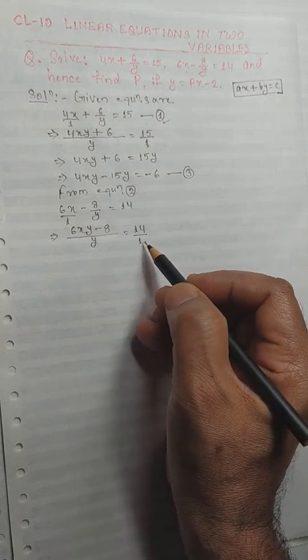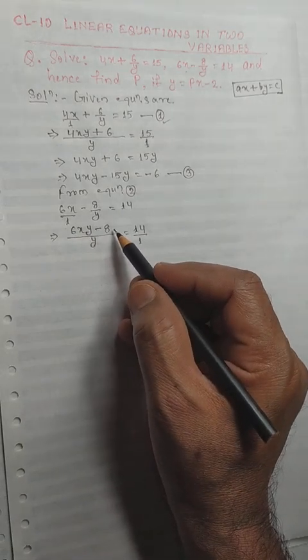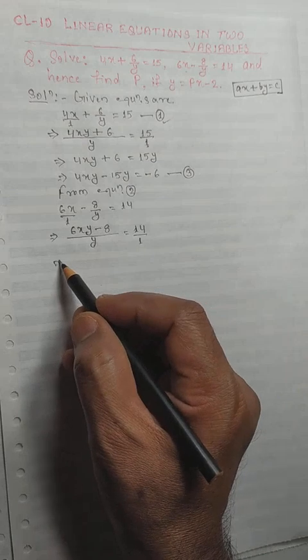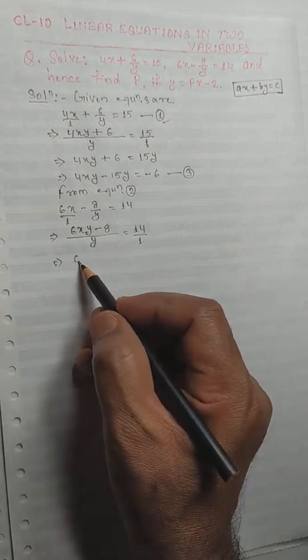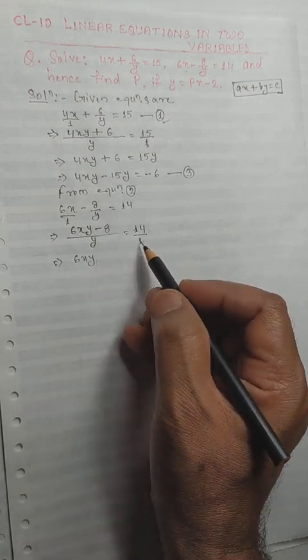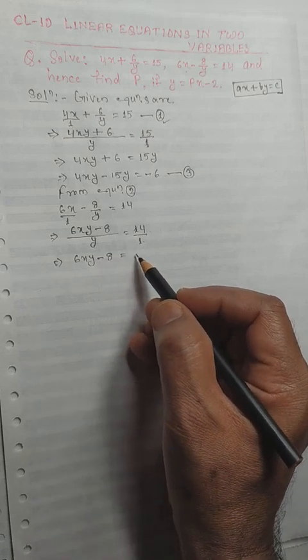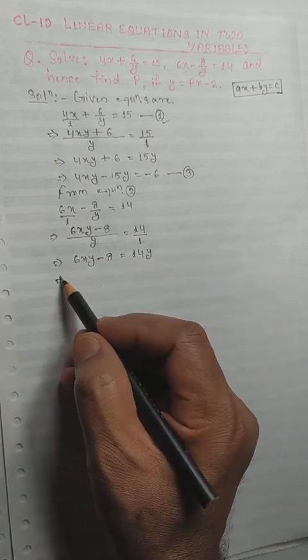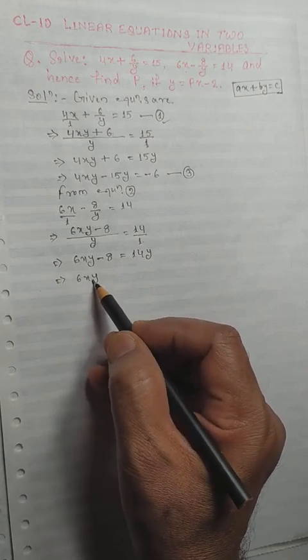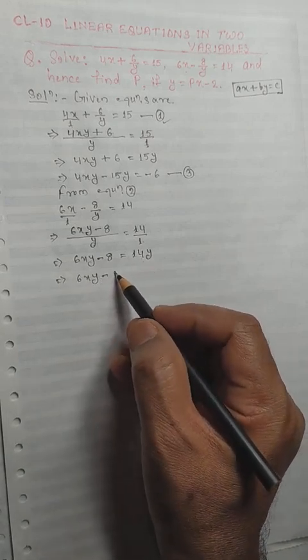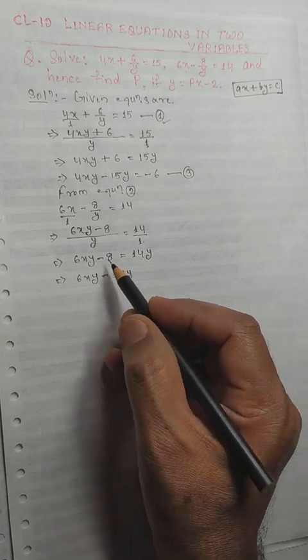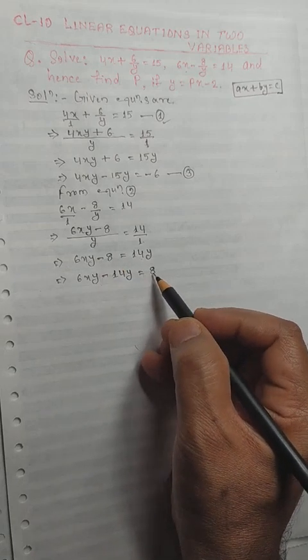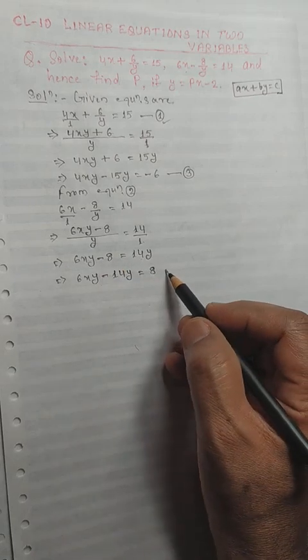Here also we have unlike terms. We will not do anything, just do cross multiplication. 6xy into 1, 6xy, minus 8 into 1, minus 8, 14 into y, 14y. The y term we bring to the LHS, 6xy minus 14y, and minus 8 goes to the RHS, changes sign and becomes plus 8.